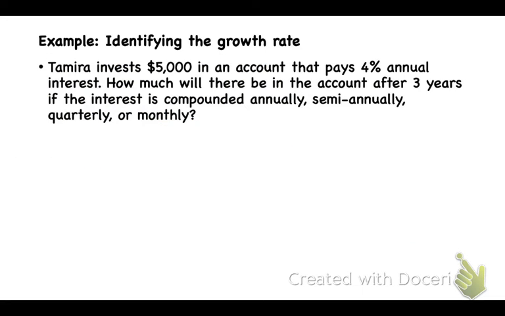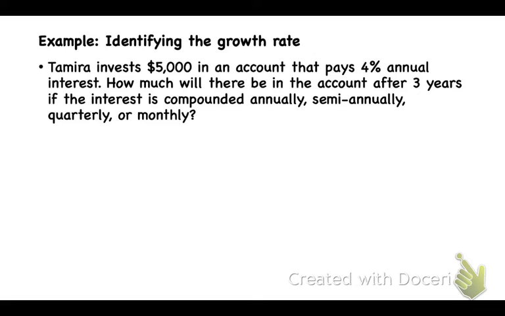Okay, so Tamara invests $5,000. It is an account that pays 4% annual interest. How much will be there in her account after 3 years if the interest is compounded annually, semi-annually, quarterly, and monthly? So it wants me to do 4 different things, right?